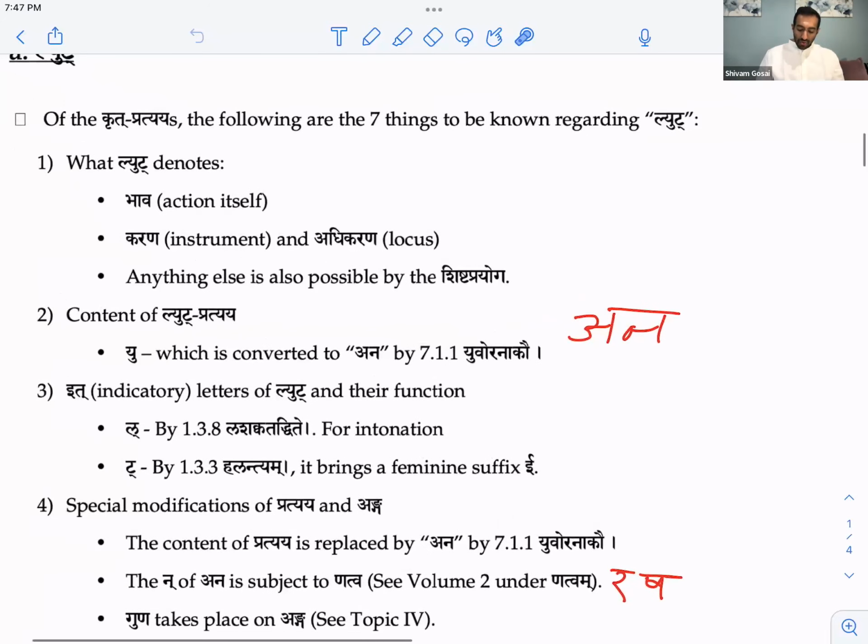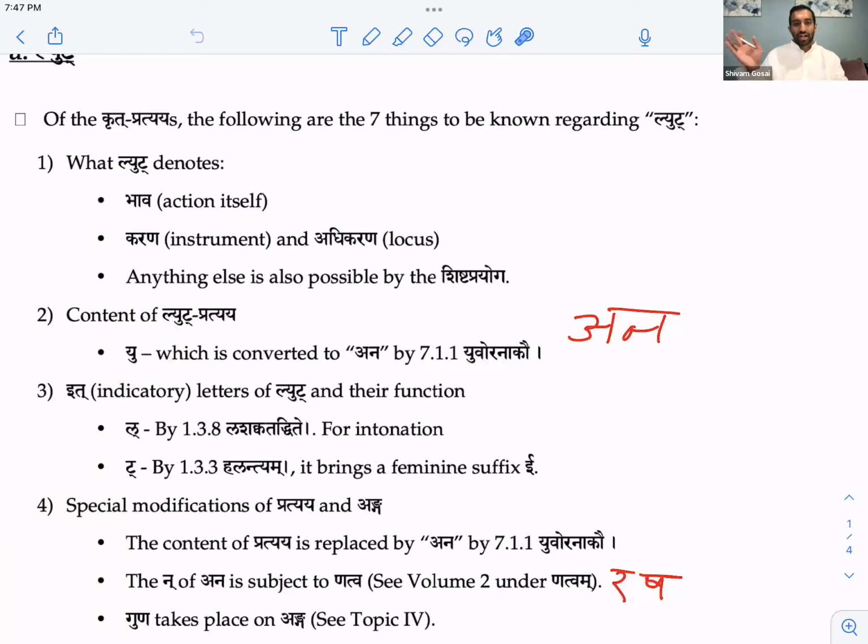Really, there's no clear transformation process. What the transformation process is that Panini Muni says that wherever you see yu, it becomes ana. So if we break the sandhi, it's yuvoho, ana, aka.